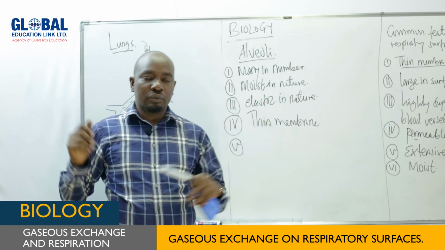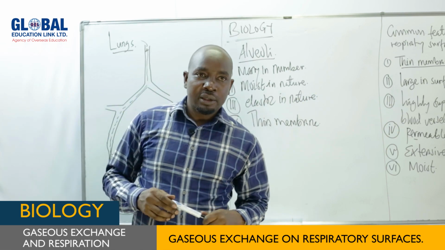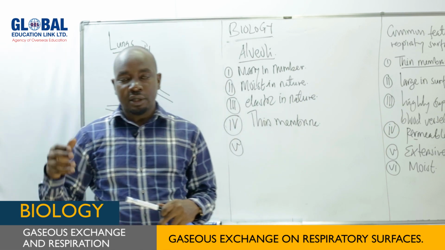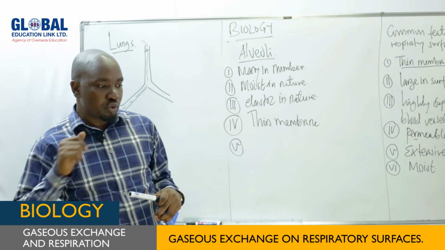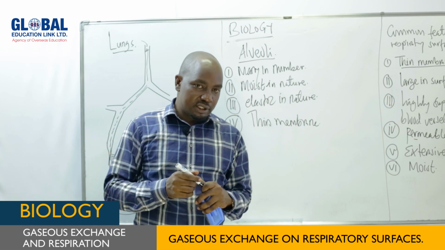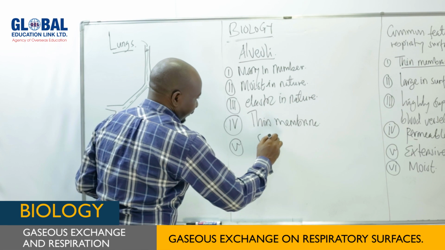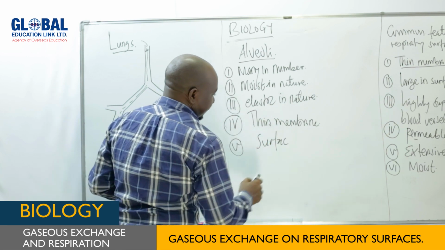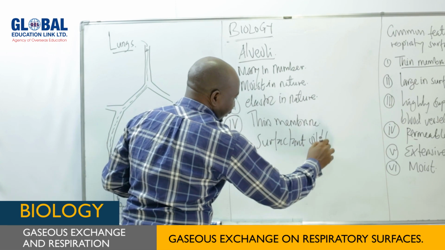There are two: pneumocyte cell type 1, and pneumocyte cell type 2. The pneumocyte cells type 2 are responsible for secretion of the surfactant oil or fluid.